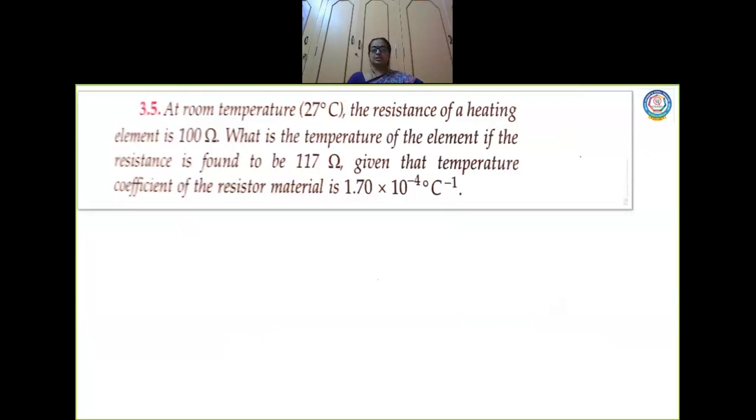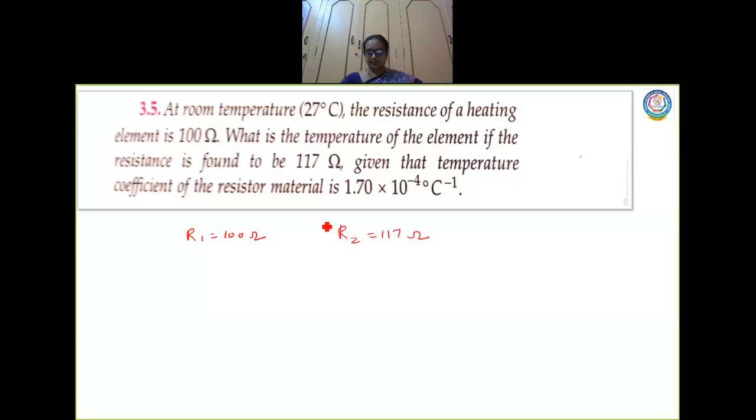At room temperature 27 degrees Celsius, the resistance of a heating element is 100 ohm. So R1 is given as 100 ohm. What is the temperature of the element if the resistance is found to be 117 ohm? So R2 is 117. Initially it was 100, then it turned to be 117, because the resistance is increasing.